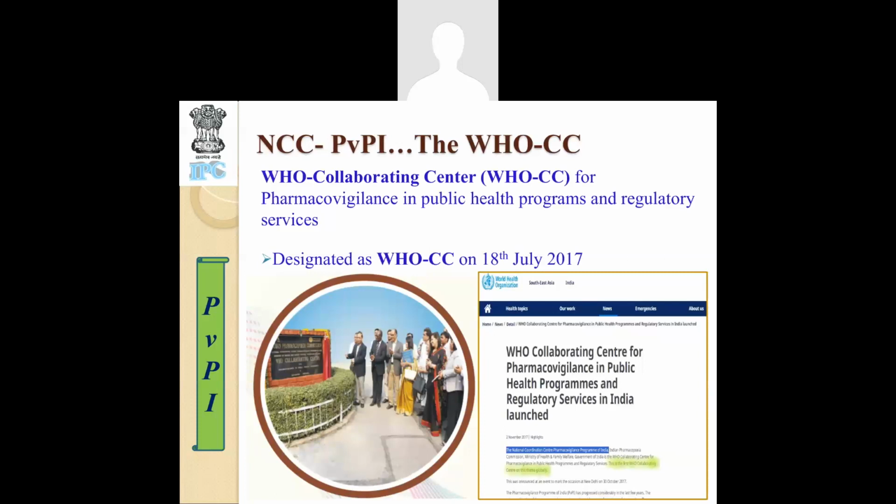But in 2017, they achieved this target, and IPC has become the WHO Collaborating Center for Pharmacovigilance in public health programs and regulatory services. So this is the launch of that WHO Collaborating Center at IPC, and this is from the WHO website that India has been given as the WHO Collaborating Center.